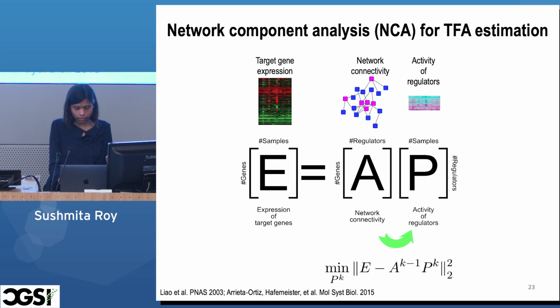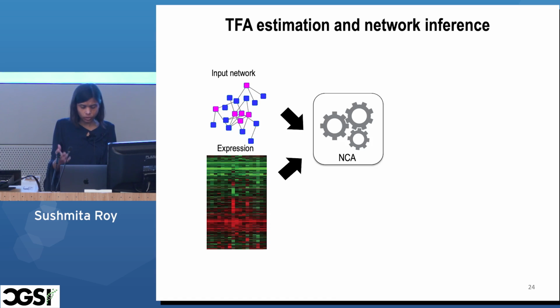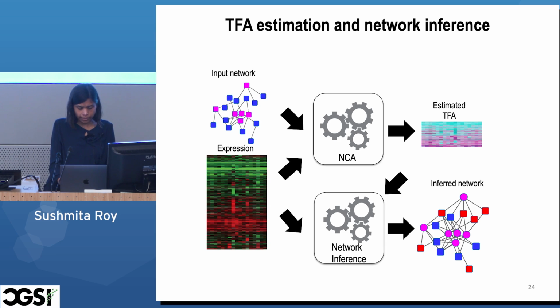Once you're done, this P matrix is what gives you the activity of the regulators. And once you have those things estimated, you can use the estimated activity levels and the gene expression levels to infer a gene regulatory network where a transcription factor can come into play based on its mRNA levels as well as its transcription factor activity levels.